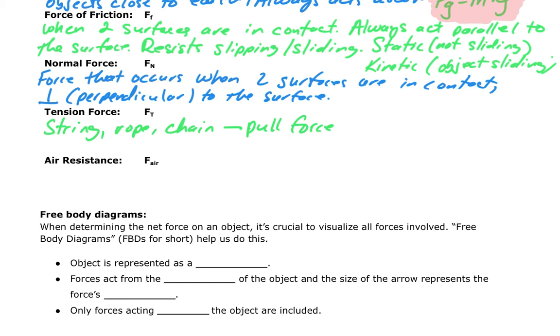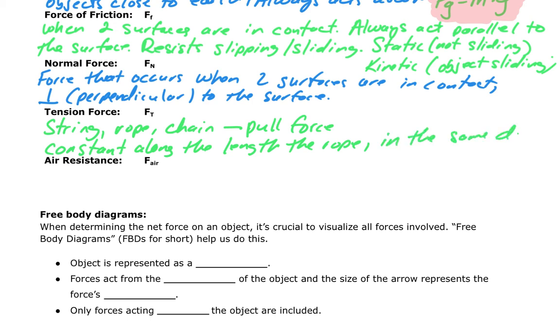And we're going to find that the tension force is constant along the length. It doesn't change, okay, so it's constant along the length of the rope or whatever it is, okay? And it's always in the same direction as the rope. So that's kind of what we need to remember about our tension force.